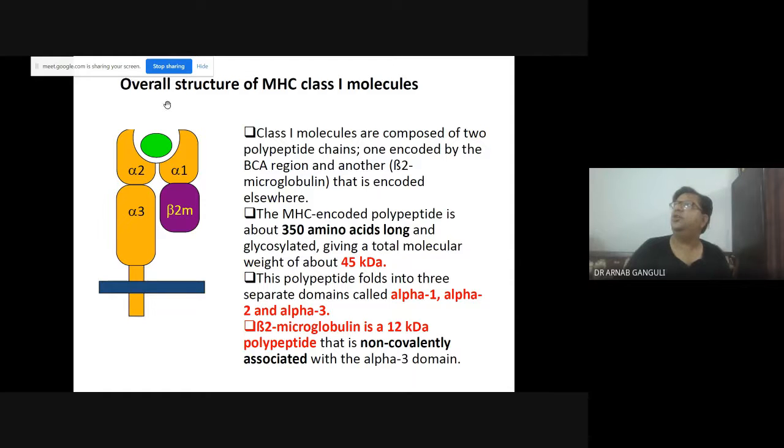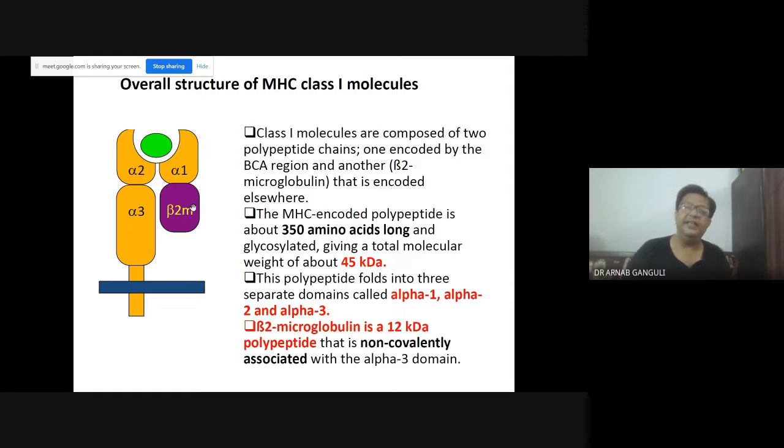Now, if you look at the overall structure of MHC class 1 molecules, class 1 molecules are composed of two polypeptide chains. One is encoded by the MHC region. We will see what that region is. And another, beta-2 microglobulin, is encoded elsewhere.